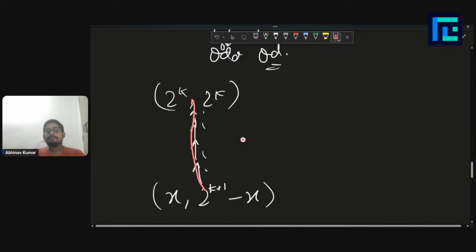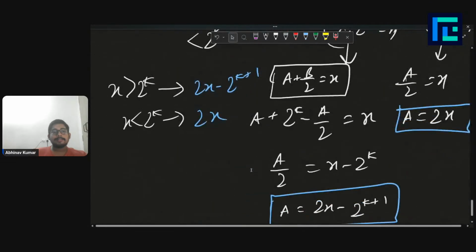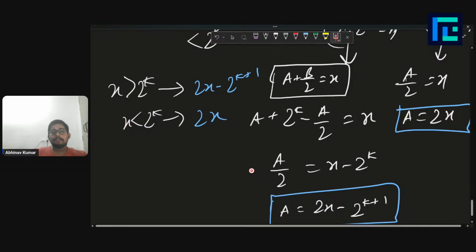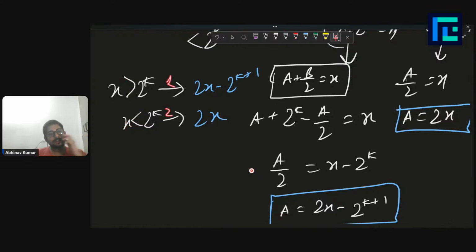And whatever that one possible path is, the length of that path would be the minimum, because that's the only possible path, and that is what you need to print. So if you think in the reverse order, then depending on the value of x, if it is greater or smaller, you can decide whether you are doing operation 1 or operation 2.